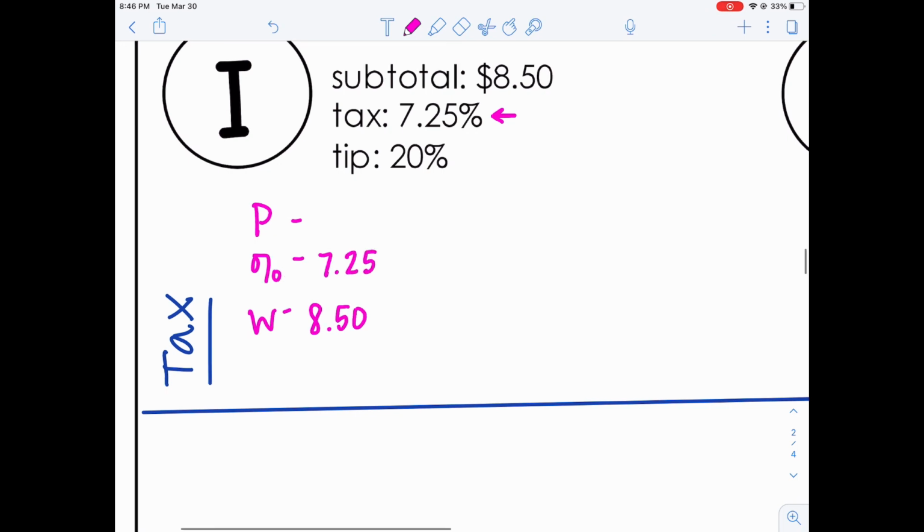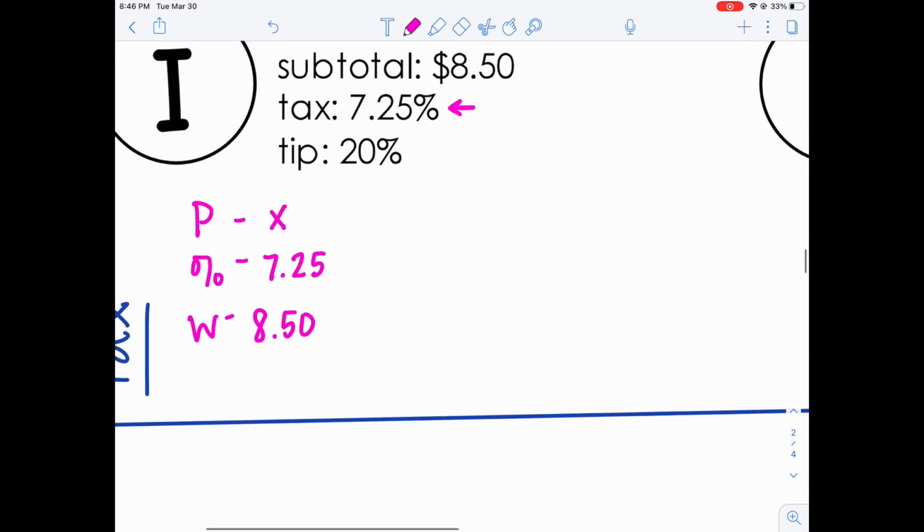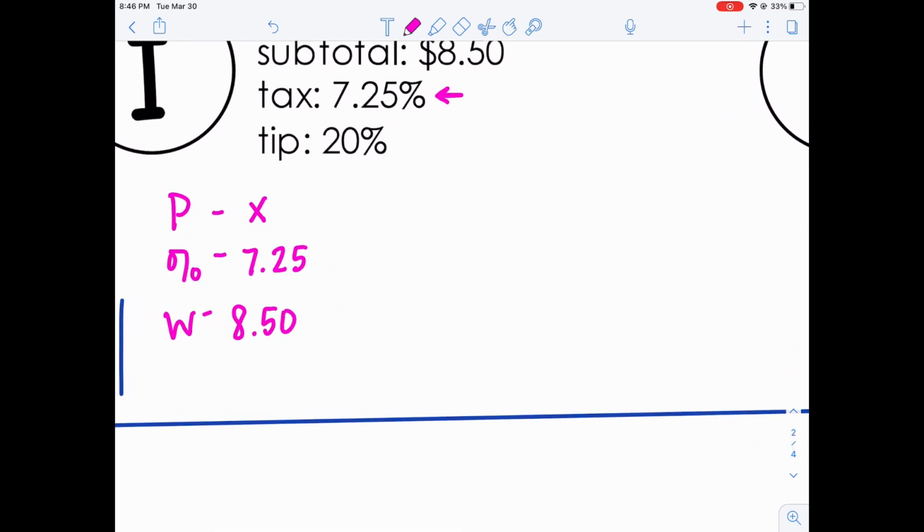So 7.25 is my percent. And then finally, I'm going to put X for my part. I'm going to use my percent proportion now to set it up. I'm going to do X over $8.50 equals 7 and 25 hundredths over 100.